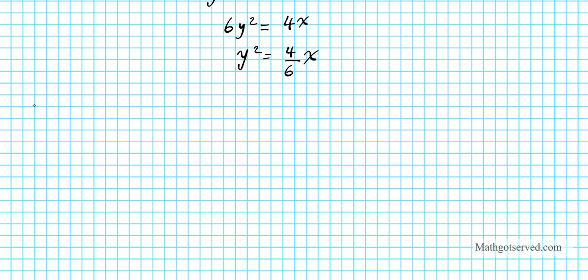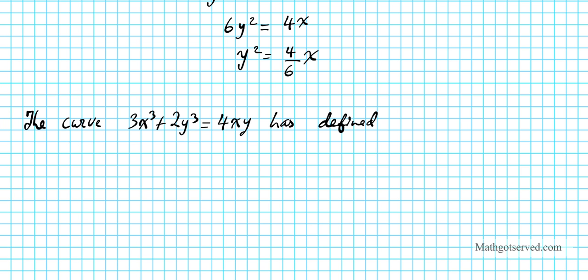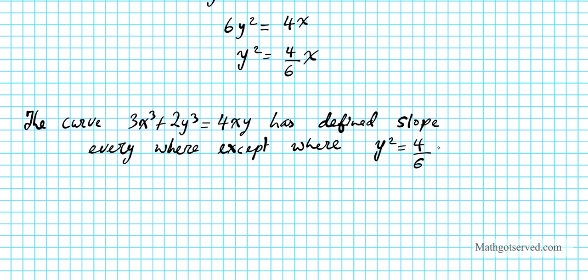Okay, so the question is, when does the original curve have a defined slope? So let's write down the answer. The curve 3x cubed plus 2y cubed equals 4xy has a defined slope everywhere except where y squared is equal to 4 over 6x.